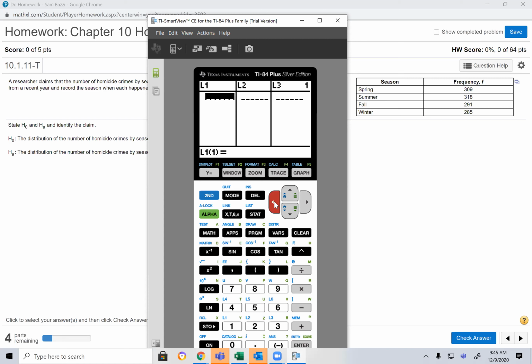So for the observed values, I got 309. Enter. I got 318. Enter. 291. Enter. When you do this homework, if you get the same value, that means I've done the homework for you here. Okay, for L2, what was the total? 1203 divided by 4.